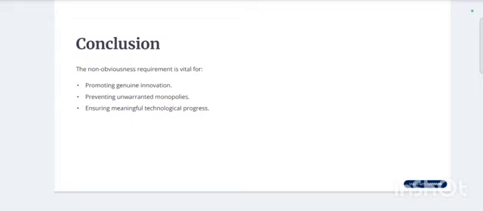By enforcing this requirement, patent law promotes invention while preventing unwarranted monopolies. And with this, I would like to conclude my presentation on the topic of the non-obviousness requirement under patent law. Thank you.